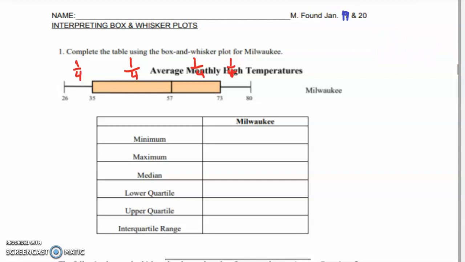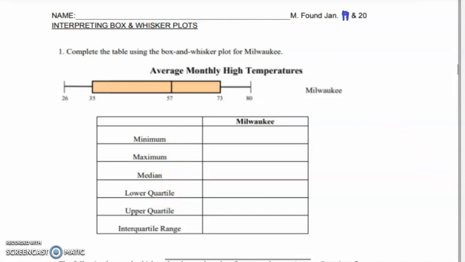Okay, so we'll probably, foreshadowing, answer some of those questions and see some of those details as we go through. But step one here is really just to look at this box and whisker plot and pull the information out, because what we've done already is take the information from our table and make a box and whisker plot out of it. But it's helpful to be able to go the other direction.